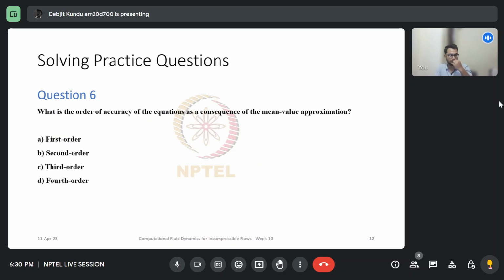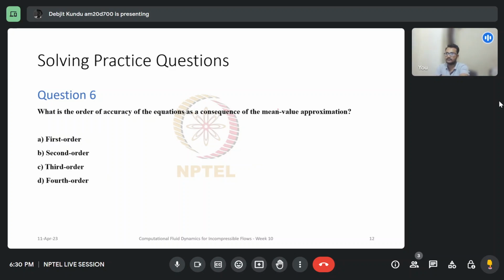Similarly, we do the same thing for the faces, taking the mean value at the center of the face. As a consequence of these assumptions, there is a certain fixed order of accuracy of the equations. Is that order first order, second order, third order, or fourth order?